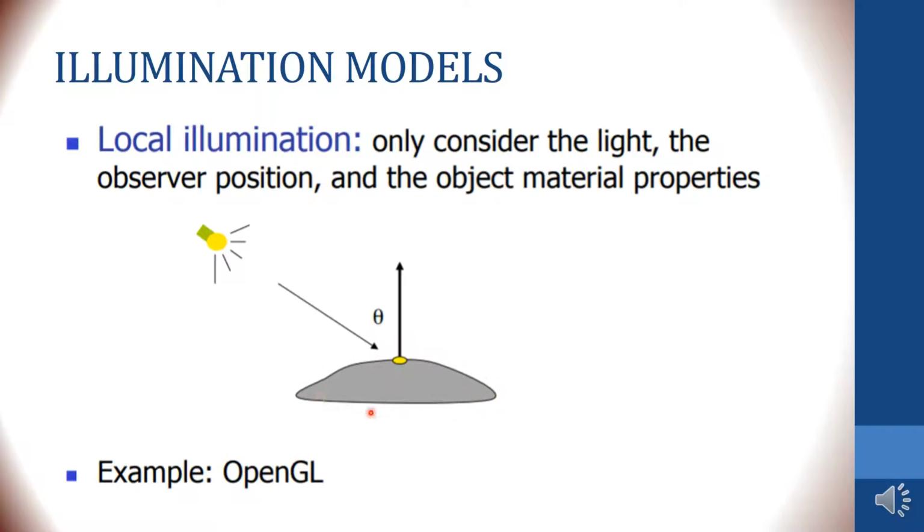For example, this is the surface or the material. The light comes from here and bounces to here, with only one reflection. It does not track interreflection. This is local illumination.